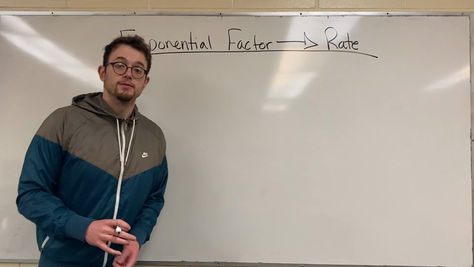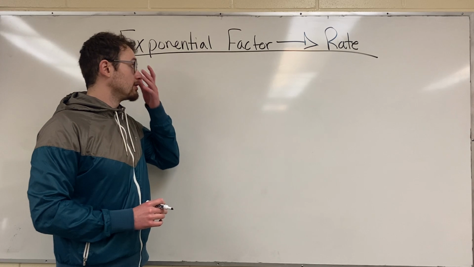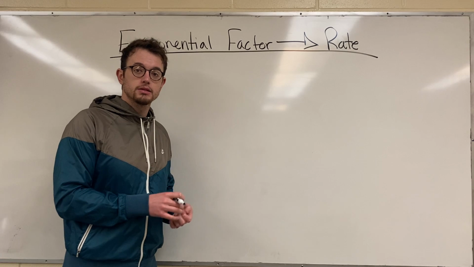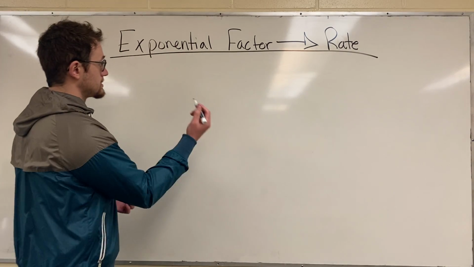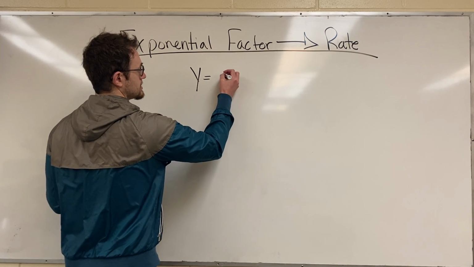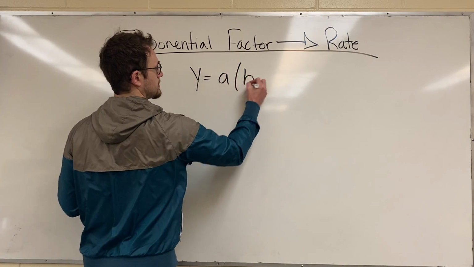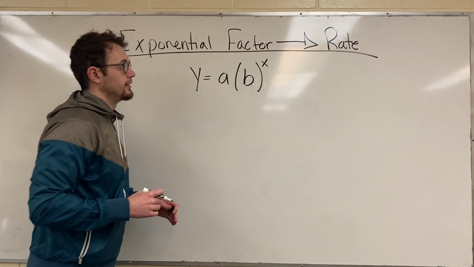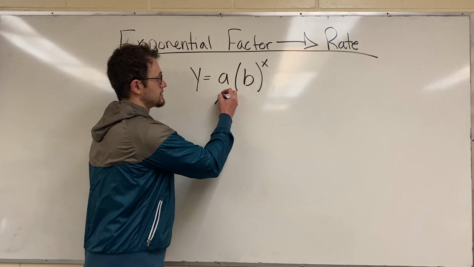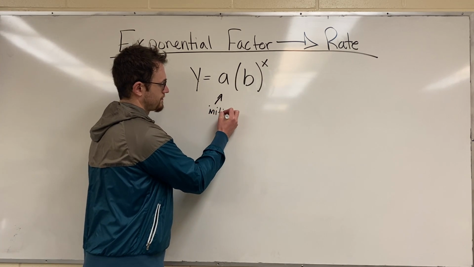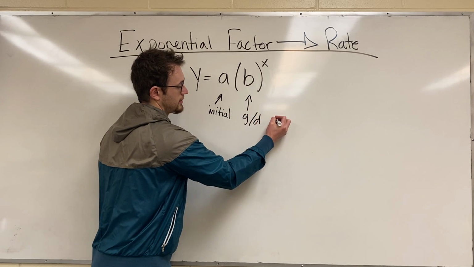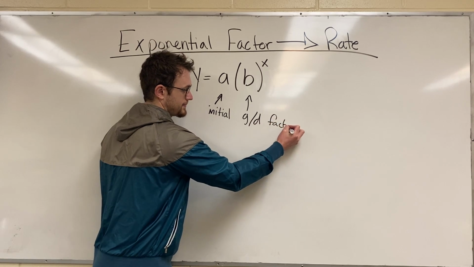All right, so some of my students have been struggling with how to change an exponential factor to the rate, so to the R value. So to start off with the equations, the first one that I gave my students was this, where you have the initial and the growth factor. So this is initial, and this would be the growth slash decay factor.